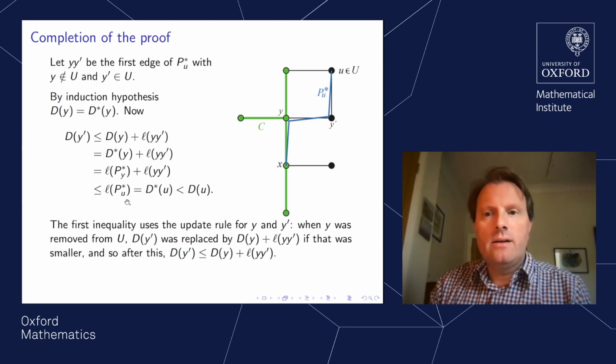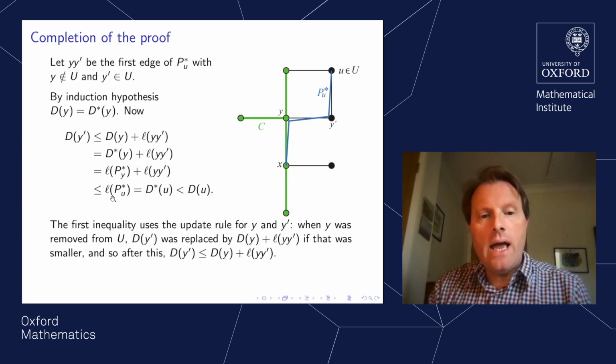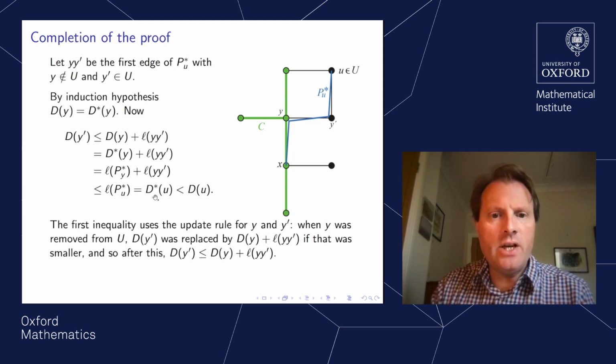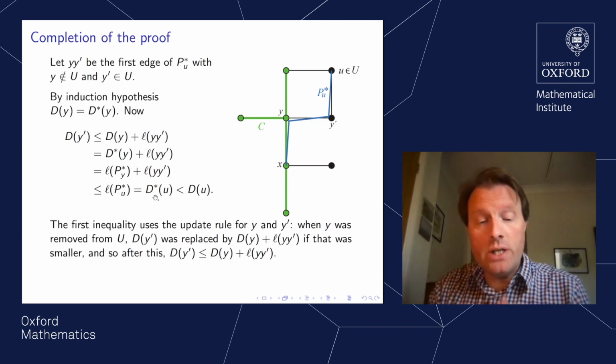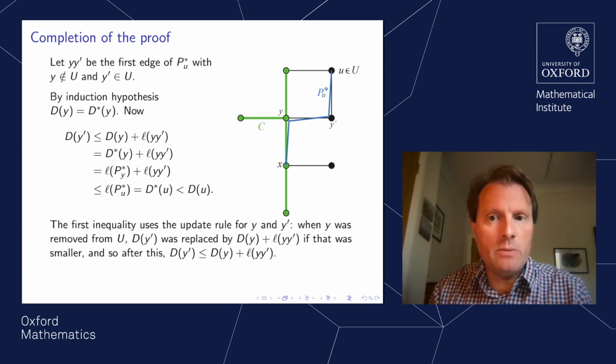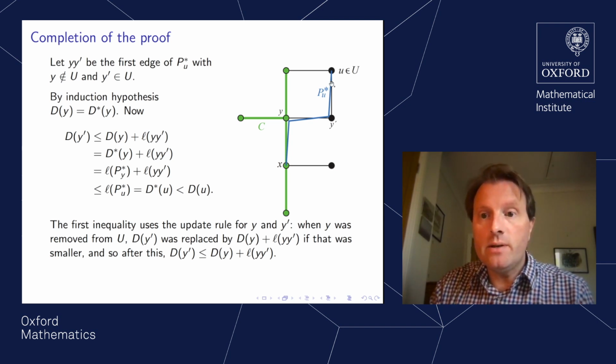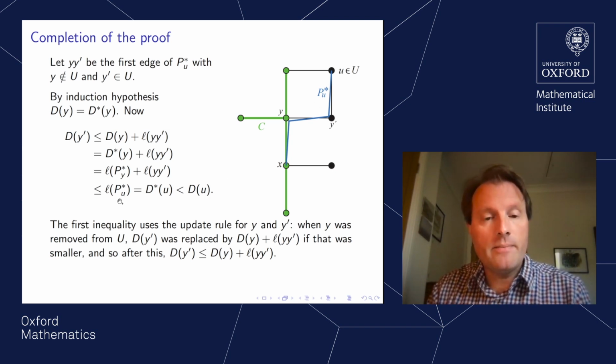Okay, so L of P star U is by definition D star of U. That's how D star is defined. It's the shortest possible length of a path from U to X, and we're assuming that P star U is such a path.